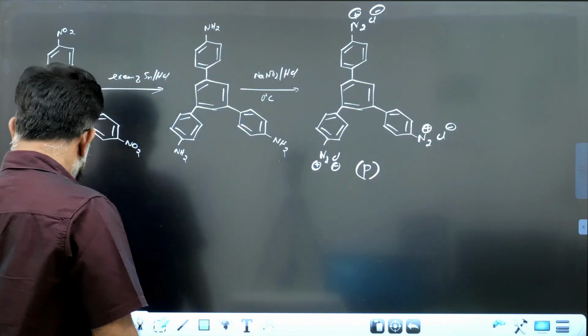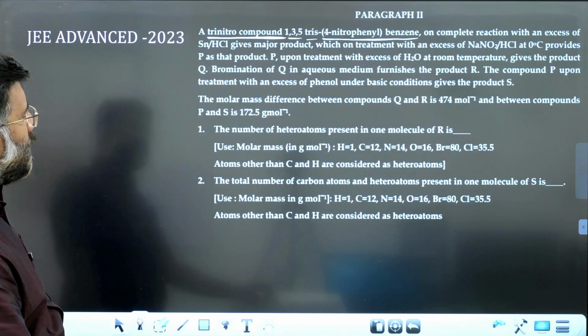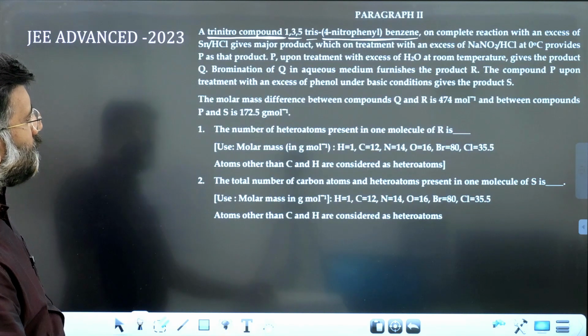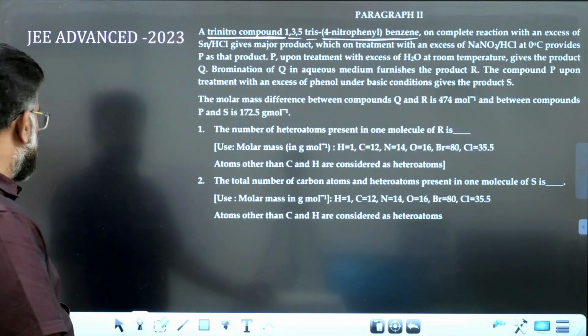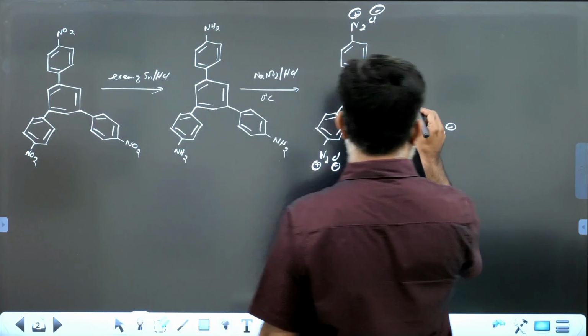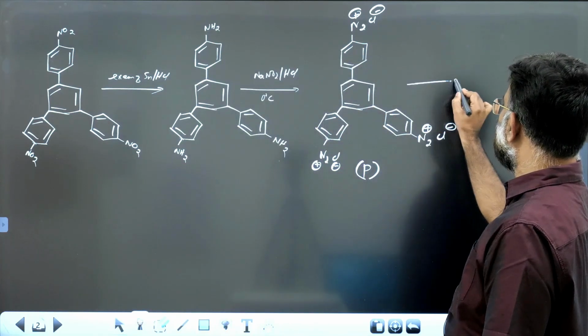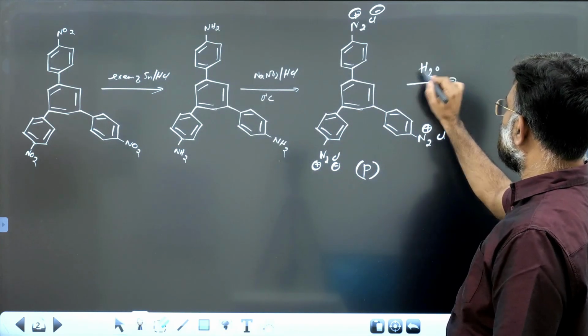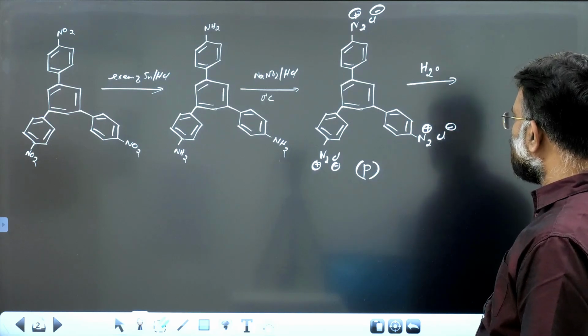Good. Fine. P upon treatment with excess of water at room temperature gives the product Q. Diazonium salt treated for hydrolysis. You get phenol. This treated with excess of water, you will get phenol.